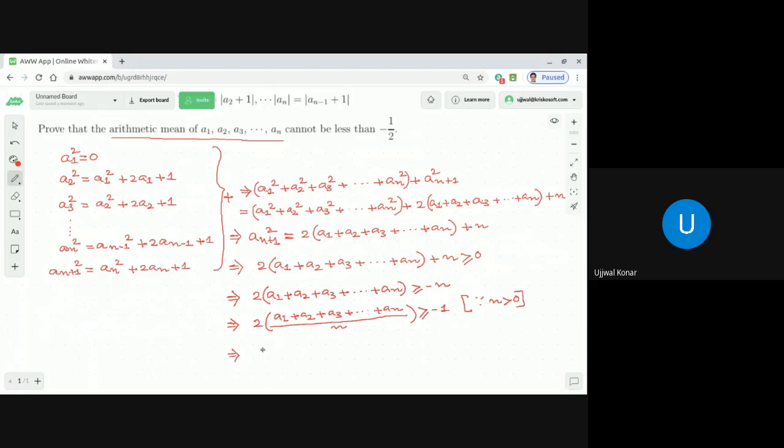The sign of inequality remains, it will not change, correct? So what we get is a1 plus a2 plus a3 plus dot dot dot up to an, divided by n, is greater than or equal to minus 1 by 2. And that is what we wanted to prove, dear students.